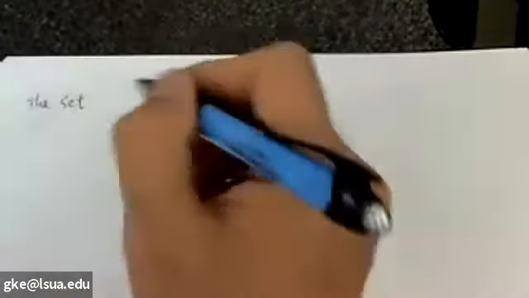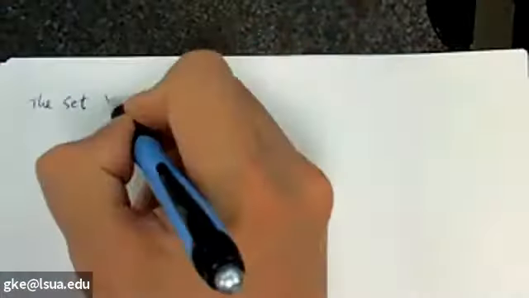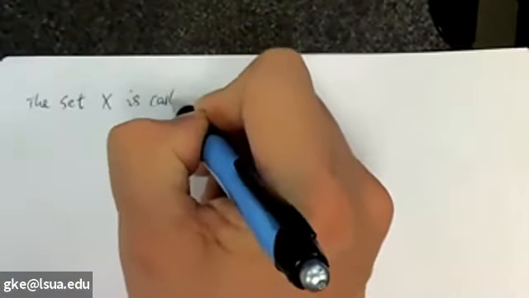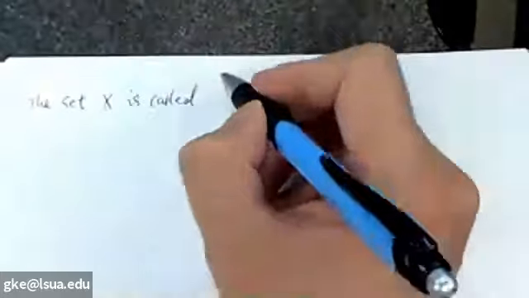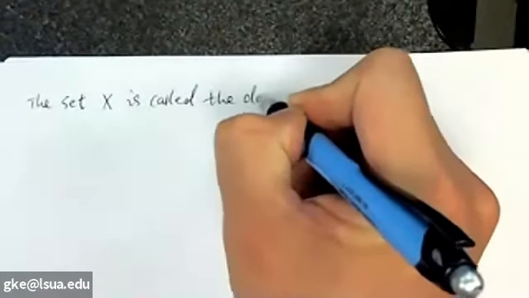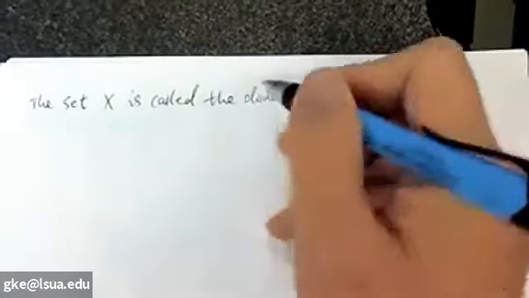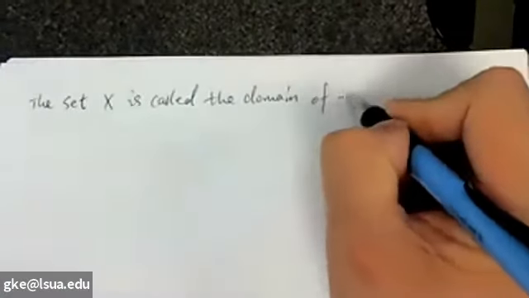Now let's take a look at the second definition. The second definition is about the domain. The set X is called the domain of the function.